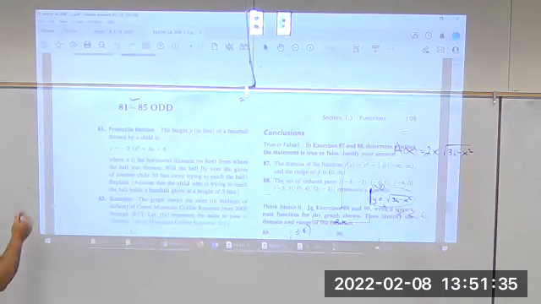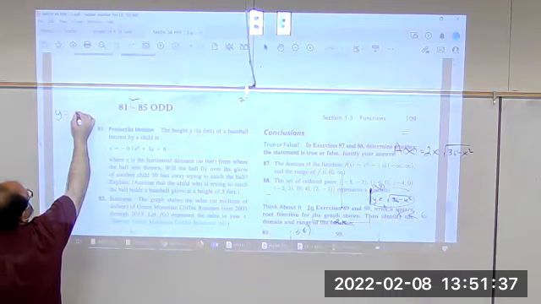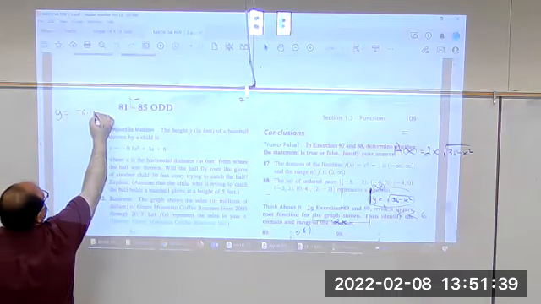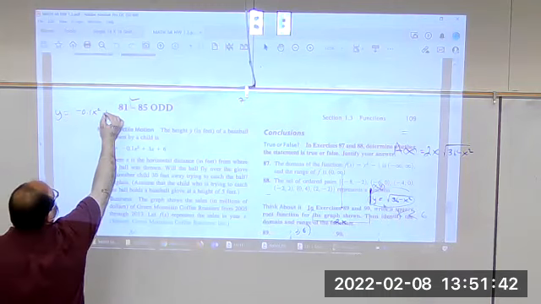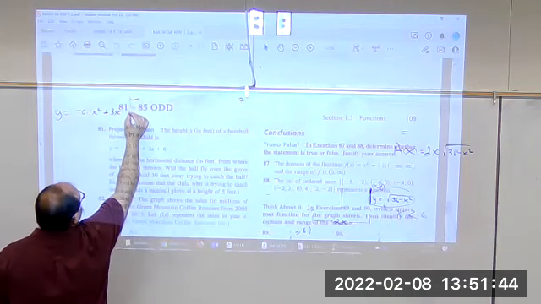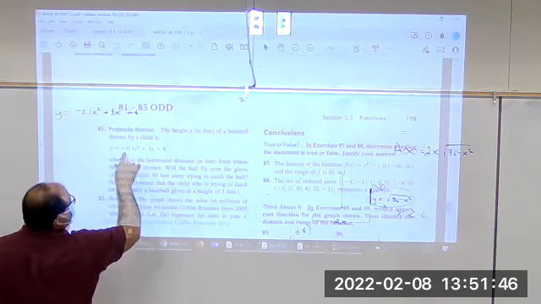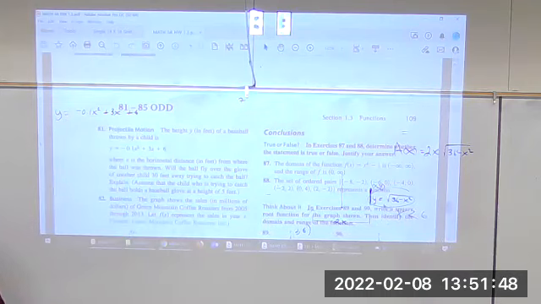Okay. Why is it negative here? Why would you have a negative 0.1 in front of that x squared?